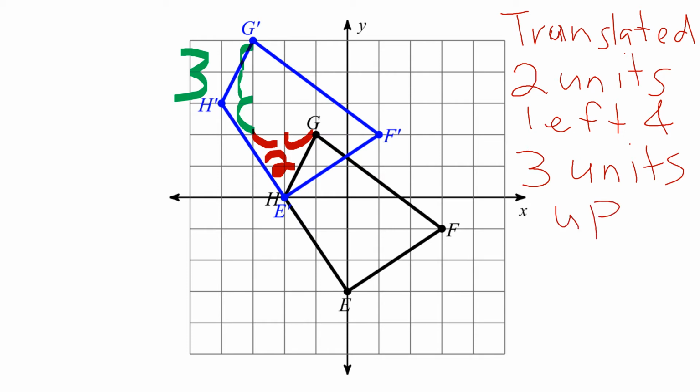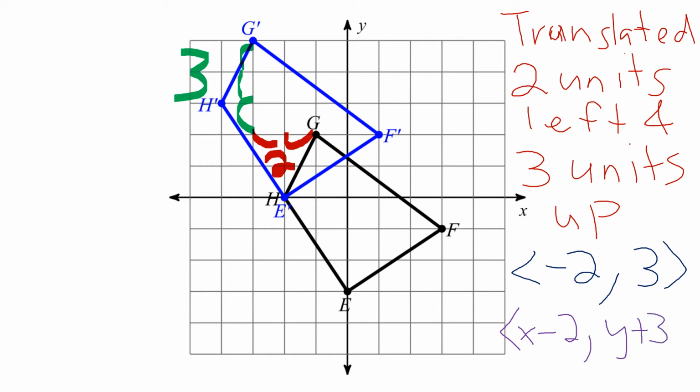Or we can also write it as (-2, 3), since it's going left by 2 and going up by 3. Or we can say x minus 2, y plus 3. Now let's see if every point is translated 2 units left and 3 units up.